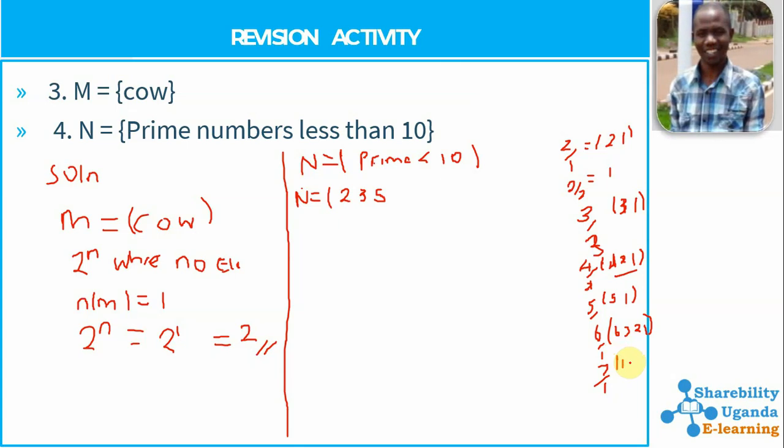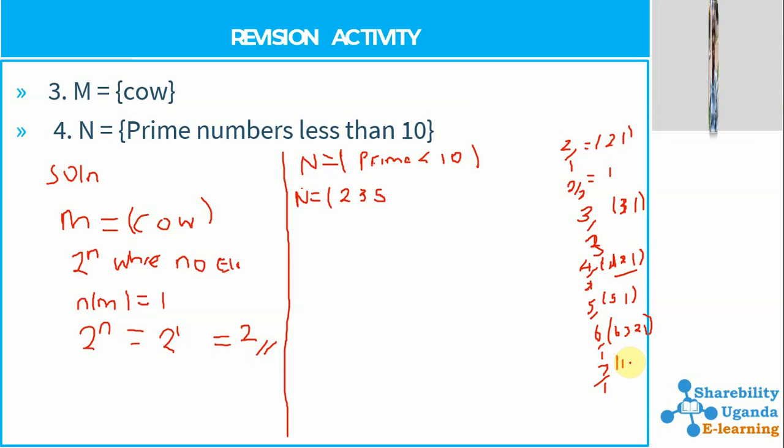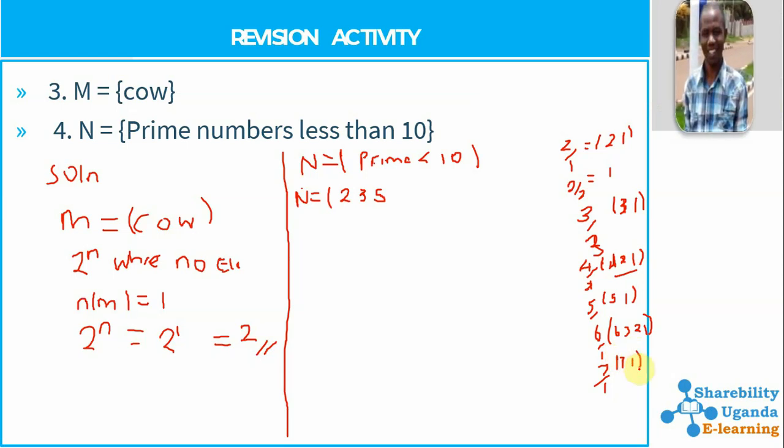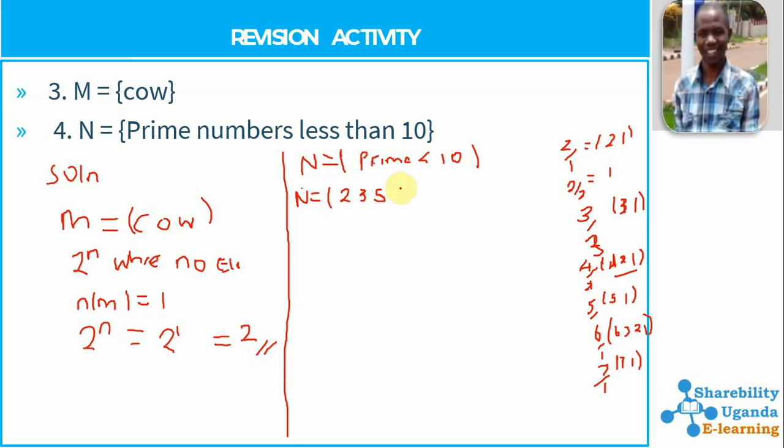When divided by 5, it is impossible. By 6, it is impossible because it has a remainder. And also when you divide it by 7, we shall be able to get our 1. So also 7 qualifies to be, what? To be a prime number.